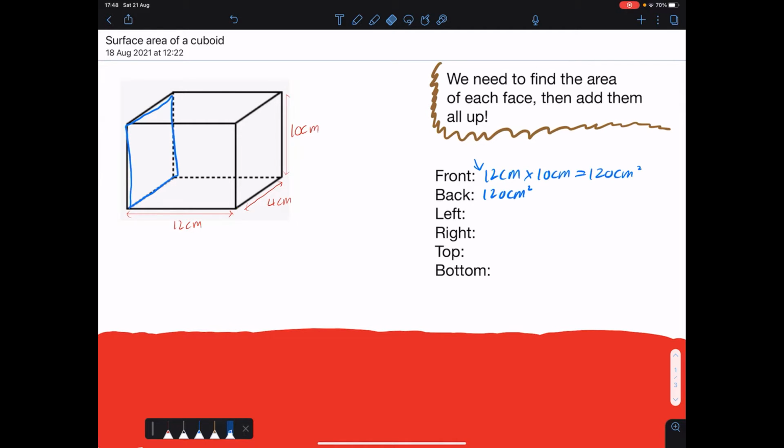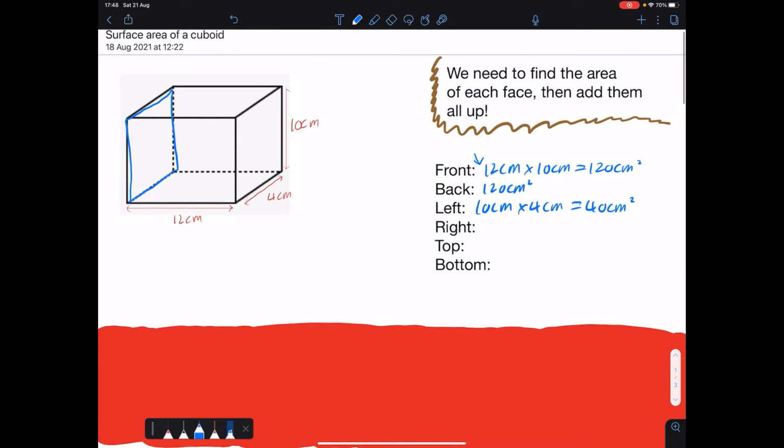So the area of this rectangle on the left is 10 centimeters multiplied by 4 centimeters, which is 40 centimeters squared. And again, the area of this rectangle is going to be the exact same as the rectangle found on the right hand side of the cuboid, because this rectangle has the exact same side lengths. So the area of the rectangle on the right hand side is 40 centimeters squared.